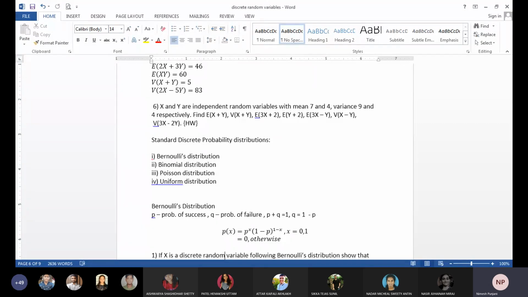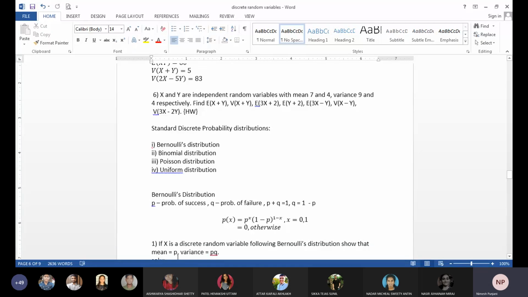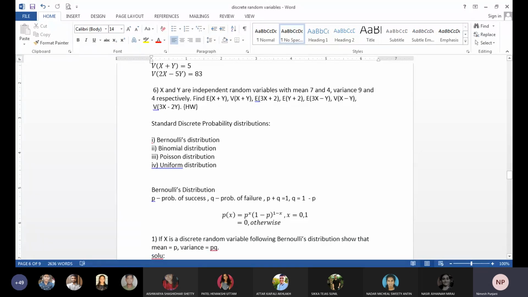This Bernoulli distribution is dependent on the Bernoulli trial. A Bernoulli trial is an experiment in which you have only two possible outcomes, success and failure.